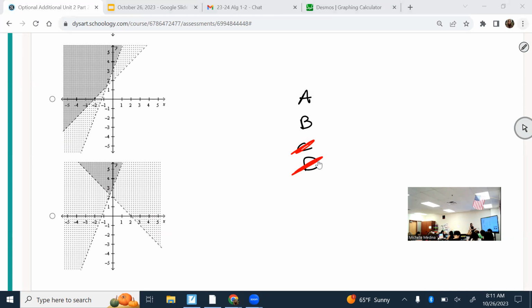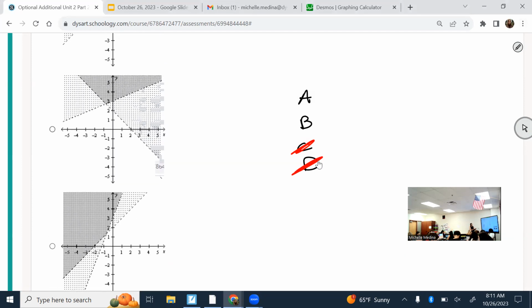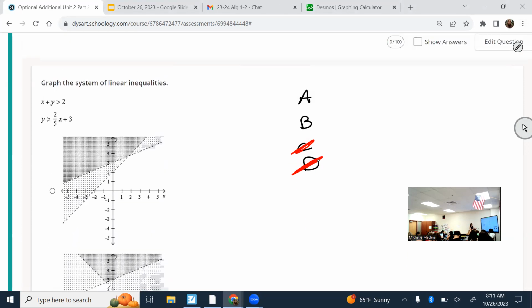Now let's incorporate that other inequality, but you have to put it in slope-intercept form first, which isn't that bad. You just have to isolate the y. There's only one thing happening to the y. How will I cancel that x? And whatever you do on one side of the symbol.